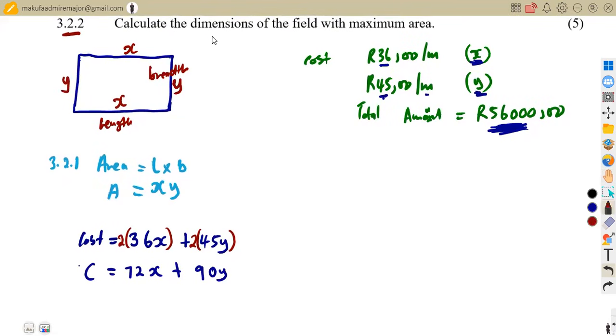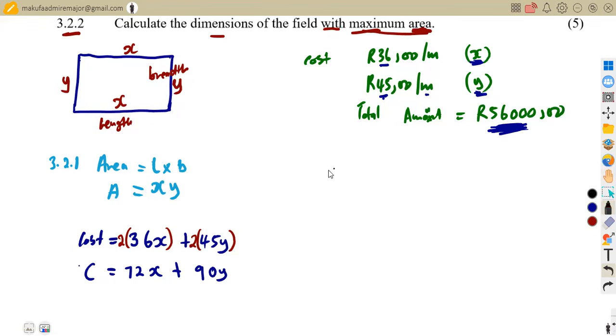3.2, to calculate the dimensions of the field with the maximum area. All right. This is what we have, guys. Be careful, like I was saying. Now we want to calculate the dimensions. What is the value of x and the value of y? Because these are our dimensions, x and y. But these dimensions should be from maximum area.